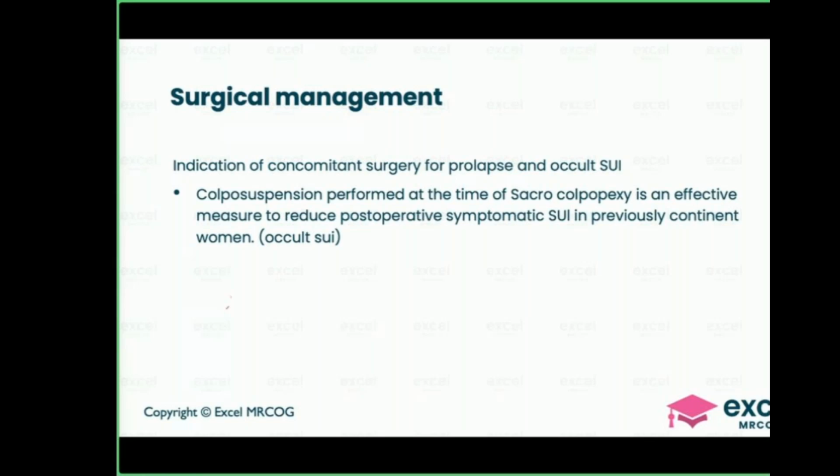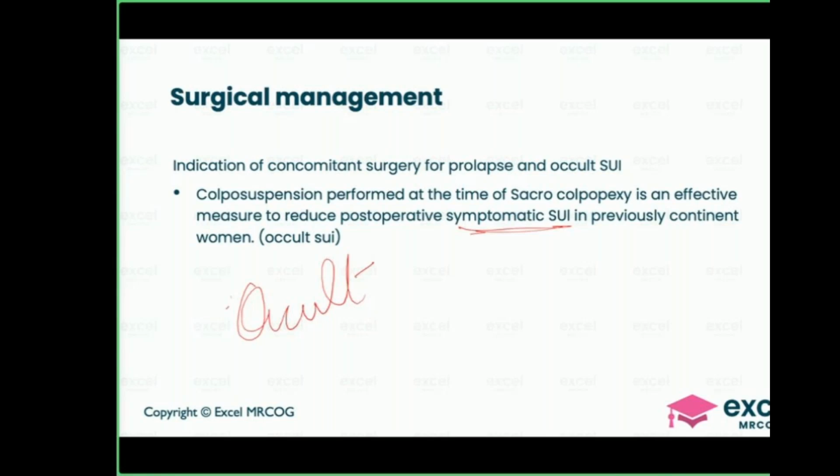In such cases, colposuspension performed at the time of sacrocolpopexy is an effective measure to reduce post-operative symptomatic SUI. So if there is occult SUI, that means SUI is not clinically significantly present in the history, but on examination after reduction, you see SUI.